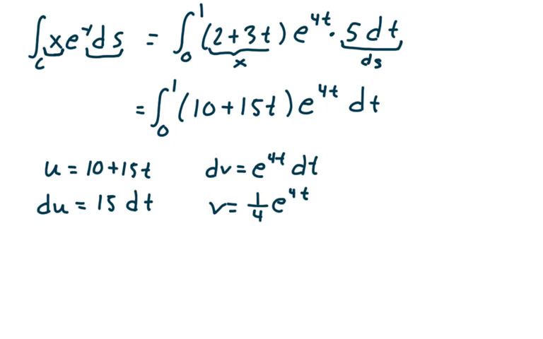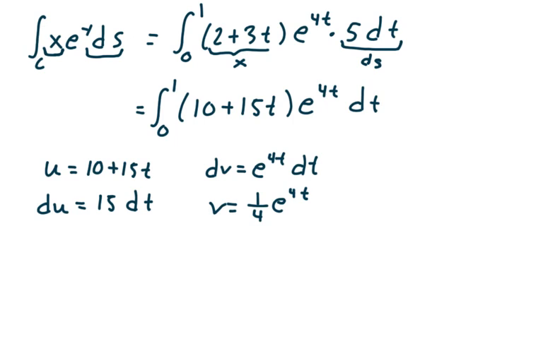And so this is equal to the integral from 0 to 1 of 10 plus 15t, that quantity, times e to the 4t dt. And then I just did this one by parts. I treated it as one solid integral. And so I let u equal 10 plus 15t, du is 15 dt, dv is e to the 4t dt, so v is 1/4 e to the 4t.